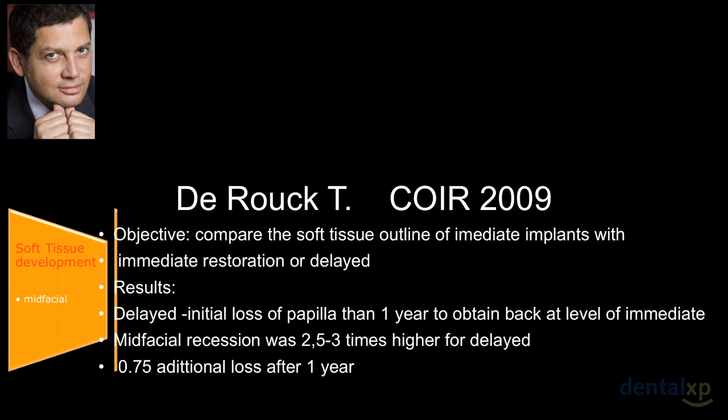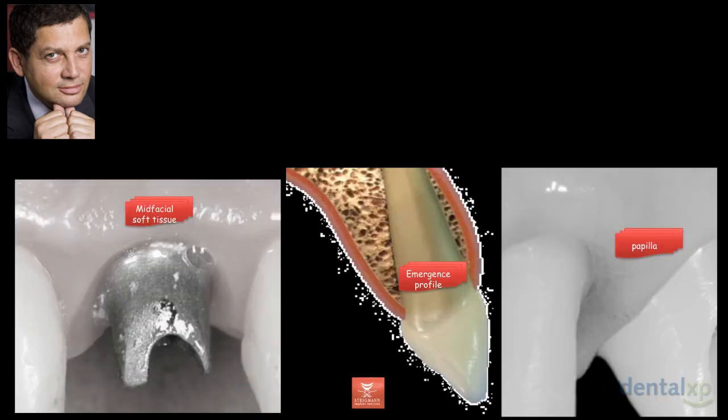So there was a tendency to place implants immediately, try to avoid any surgery which might impinge on the papilla height or on the gingival margin, and then by making an immediate restoration to maintain the soft tissue contours. So when we go into developing the emergence profile, we have to look at the emergence profile of the tooth and the changes of the emergence profile when we talk about implants.